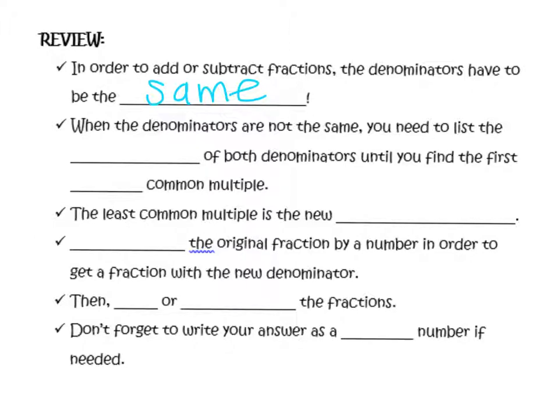When the denominators are not the same, you need to list the multiples of both denominators until you find the first least common multiple. The least common multiple is the new denominator.